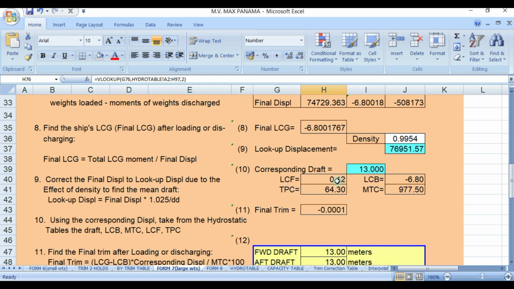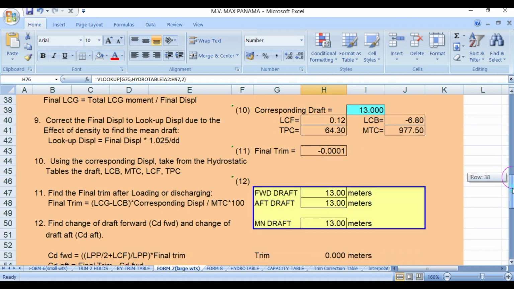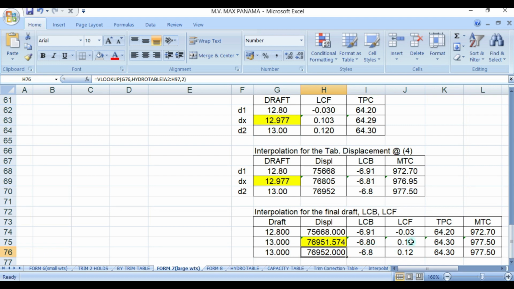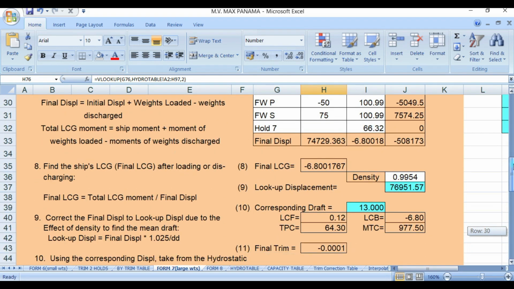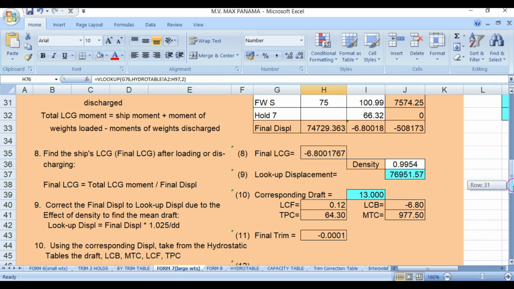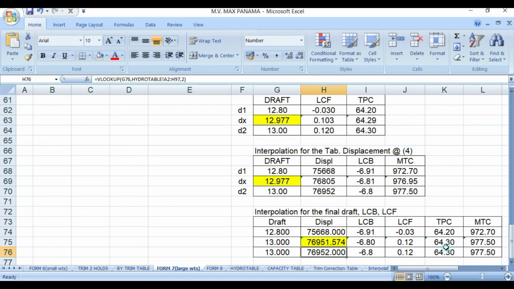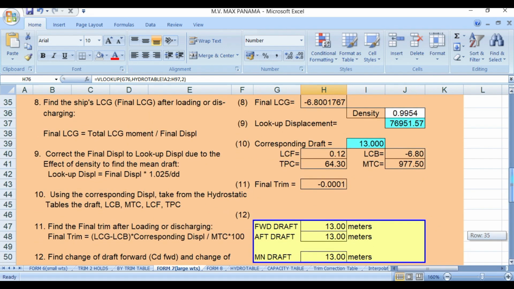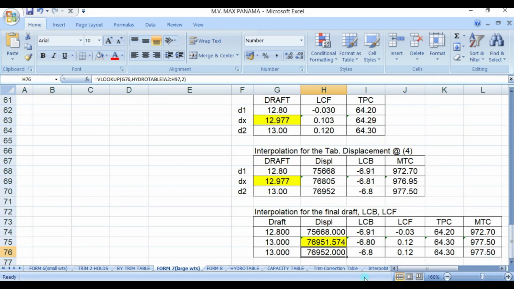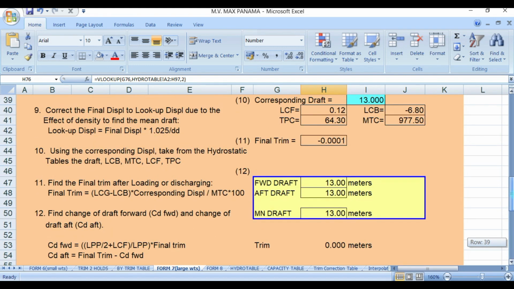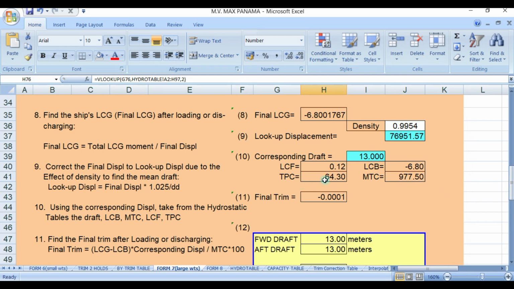LCF will be 0.12, and your TPC is 64.30, and your LCB is negative 6.80, and MTC is 977.50. Okay. So this will be your mid-draft.